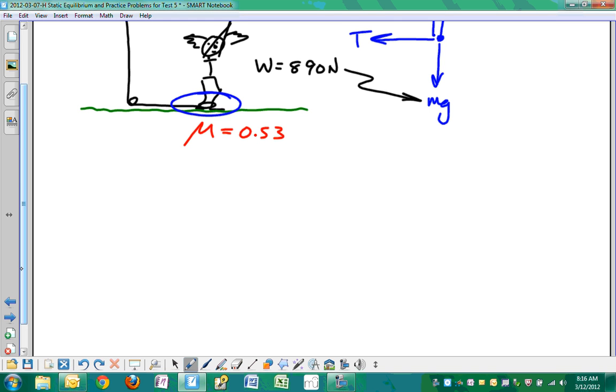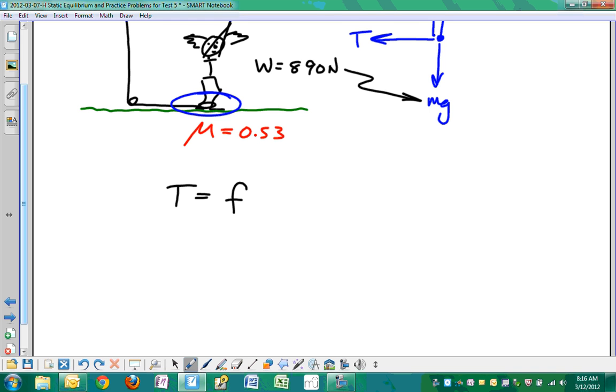All right, so we want tension to be equal to friction. Does that make sense? We want, because we're solving for the threshold. Well, you could say we want it to be greater than the friction. Yes, we do, but we're going to solve for when it's equal. Okay, so the tension is equal to the frictional force.